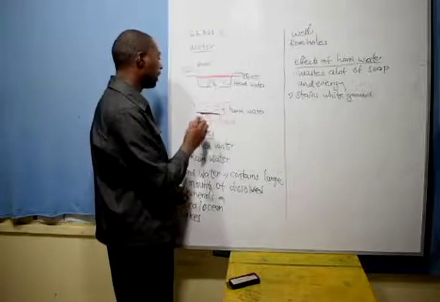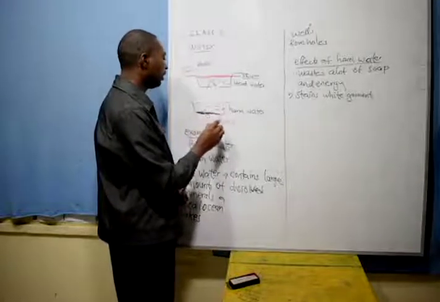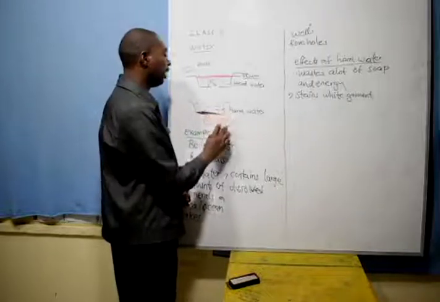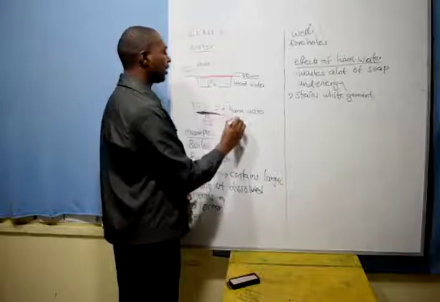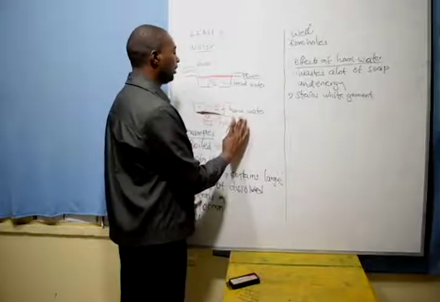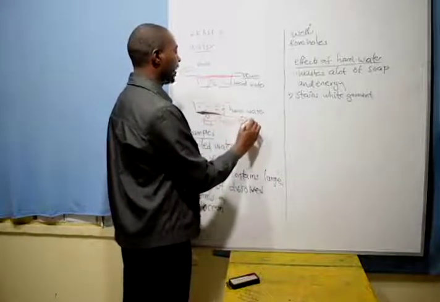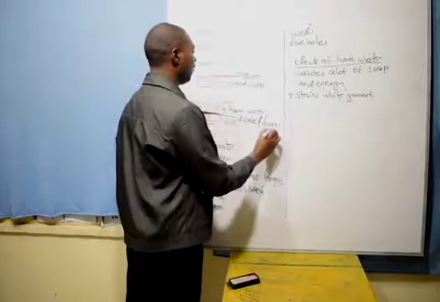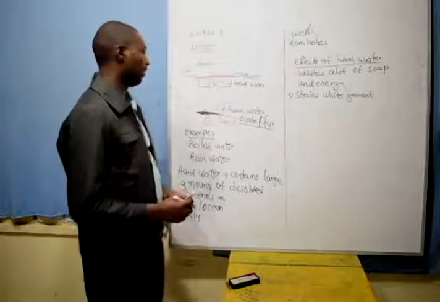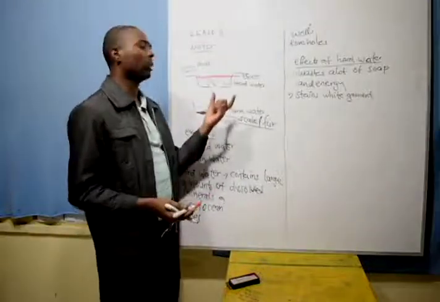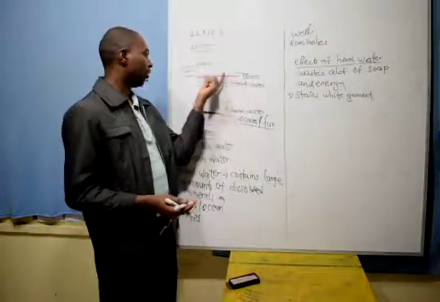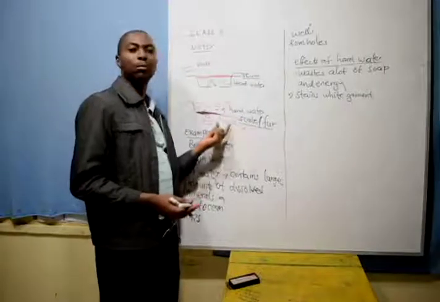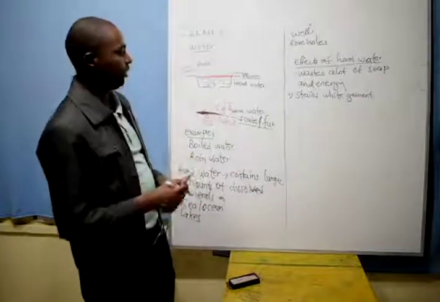Therefore, they decompose and react, and then they form here. You realize that there is a brown substance that is formed after boiling hard water. That substance is known as scale. It's known as scale or fur. Therefore, there are two compounds you can get from hard water. One is scum, floats because of soap. The other one is scale, formed from heating or boiling hard water.